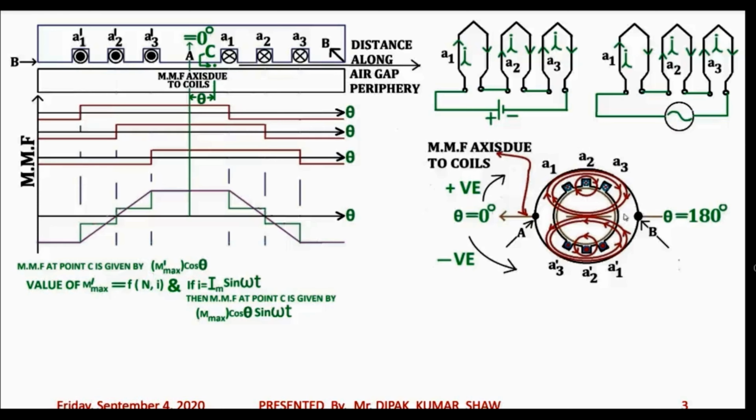You may follow the mouse pointer, please. So this is the line along which the stator core is being cut, only along this line. Then we are stretching it like this. So if you stretch it like this, you will have this developed view.